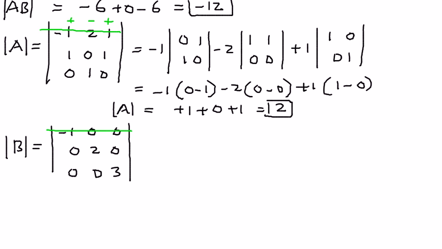So to expand this, we can write this one out as follows. We're going to write this as negative 1, the minor of that, which is 2, 0, 0, 3, and then again here I want to specify that the sign convention here is positive for that, negative for that, positive for that. That is the sign convention we want to follow.